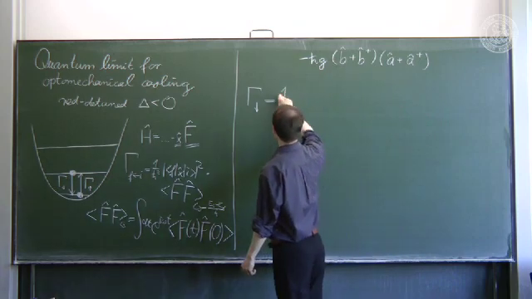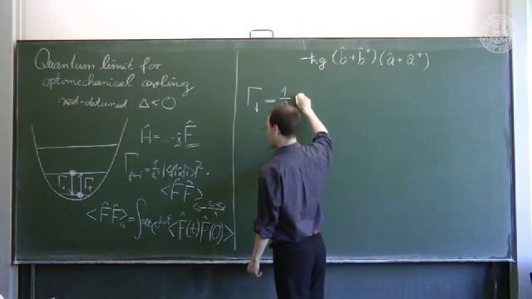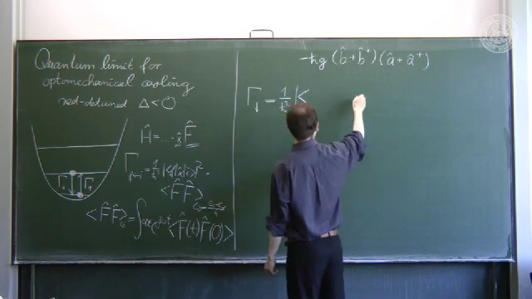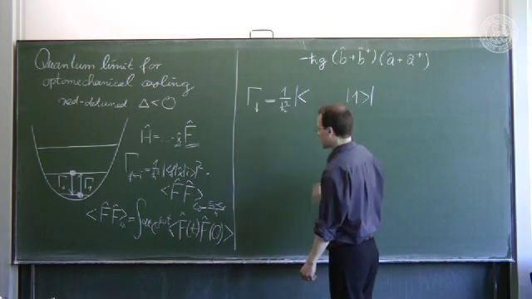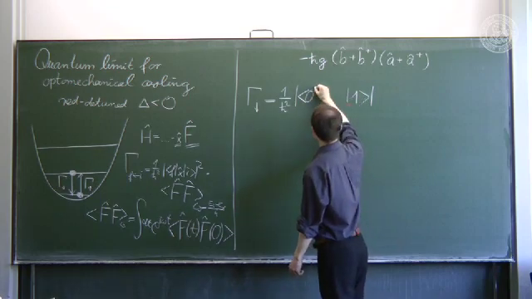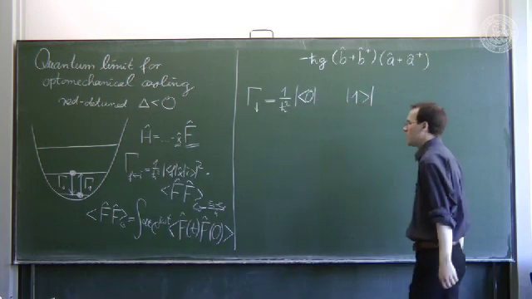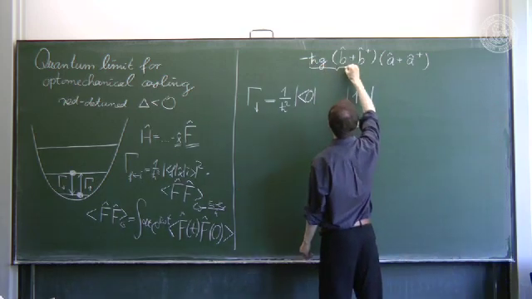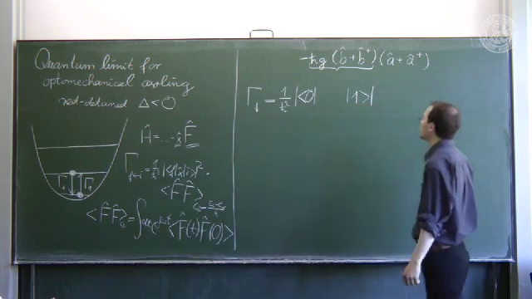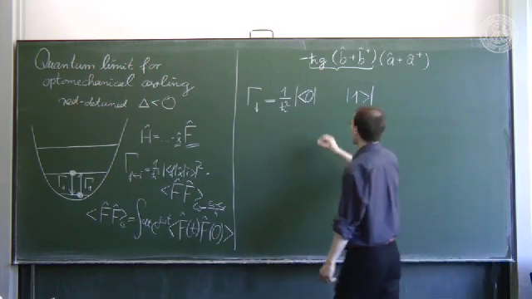So that would be 1 over h bar squared times the transition matrix element between the 1 phonon state and the 0 phonon state. Now, what is my system operator? Well, I can say all of this is my system operator, so h bar g times (b plus b dagger).